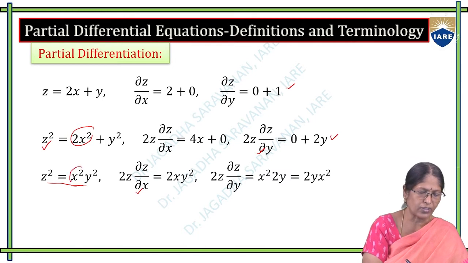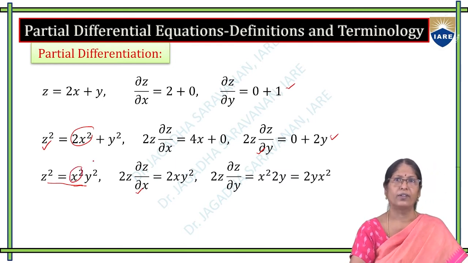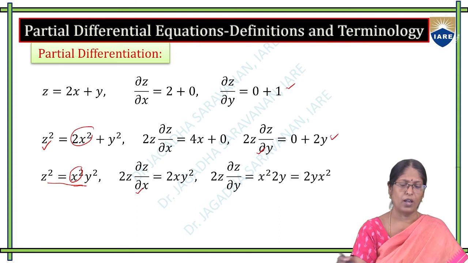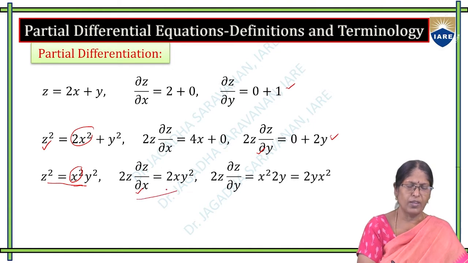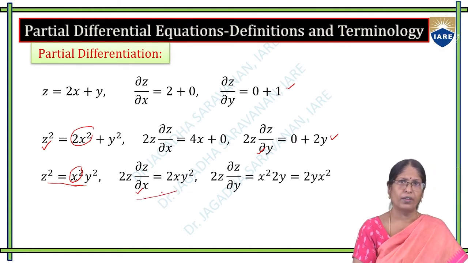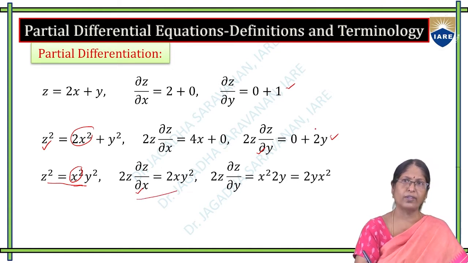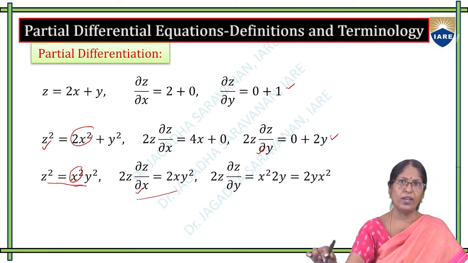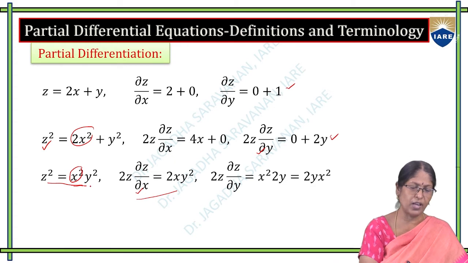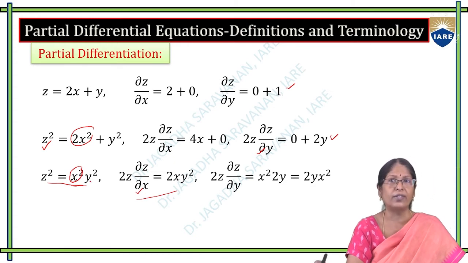Here, x square is there, that differentiation is 2x y square. The question will come: in the two earlier cases, the y square we put to 0 and neglected it, whereas here we are not neglecting y.